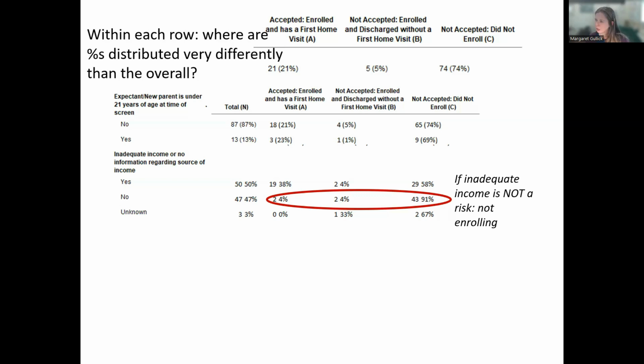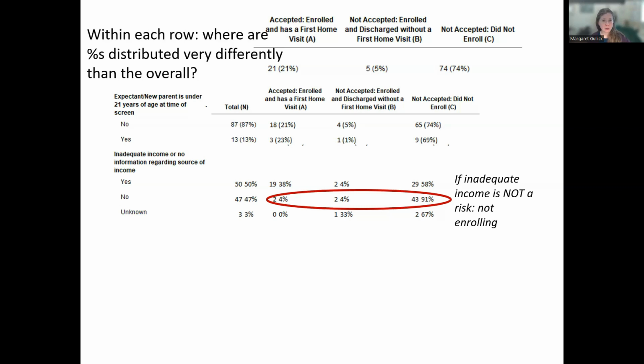So that tells me, if this were the case, I've to some extent made up this data, but if this were to be the case, it would tell me, all right, people with inadequate income are more likely to see the value of my program and to think about how it might be able to help them get in touch with resources that they might need. But if money isn't someone's issue, they're not really going for my program.